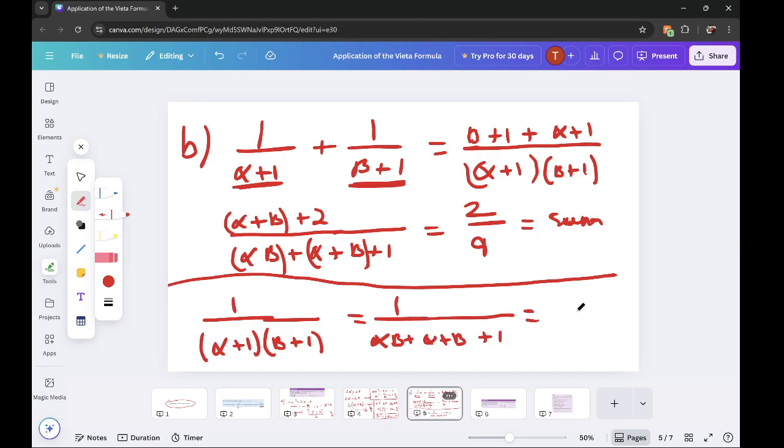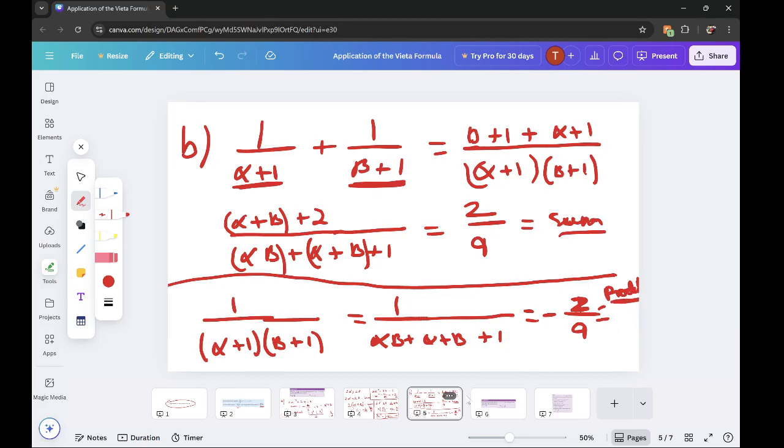So that is just equal to... am I tweaking? What is it? Oh, wait, 1 over 9. Yeah, 2 over 9, sorry, 2 over 9. I hope that makes sense. And as soon as you get this, you know this is equal to your product. So this is your product and this is your sum.